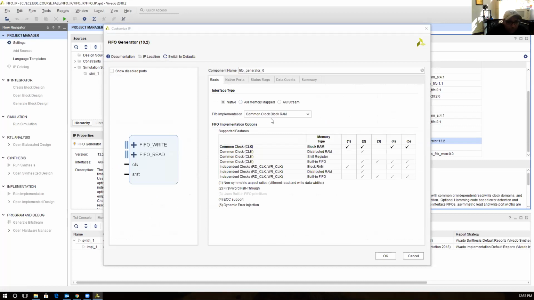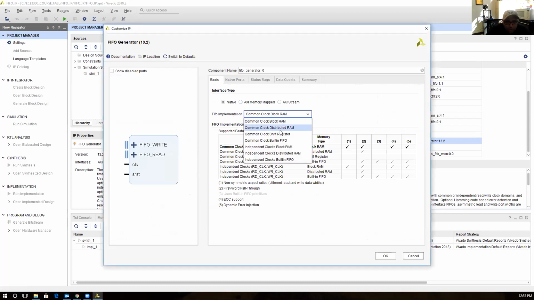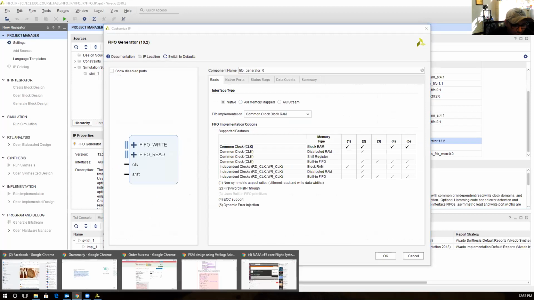Look, do you want to use block RAMs for implementation, or lookup tables, or shift registers, or built-in FIFO, or block RAM with independent clock, or distributed RAM, or built-in FIFO with independent clock? It gives you a big luxury, because you can read in one clock and write in a different clock. You agree?